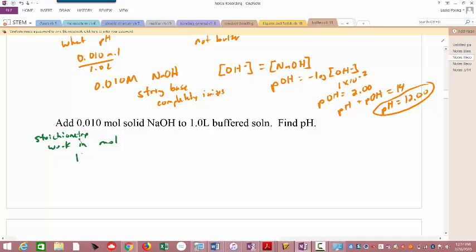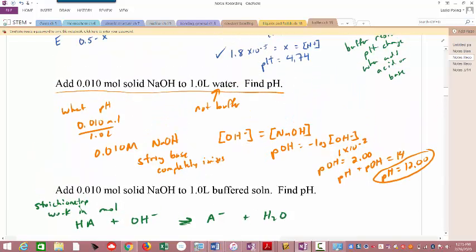All right, so we've got our acid, and it's reacting with the OH minus. Because remember, we said that if you add a base, the acid would neutralize it. If you added an acid, that conjugate base would neutralize it. Okay, so that's going to give us our A minus and water.